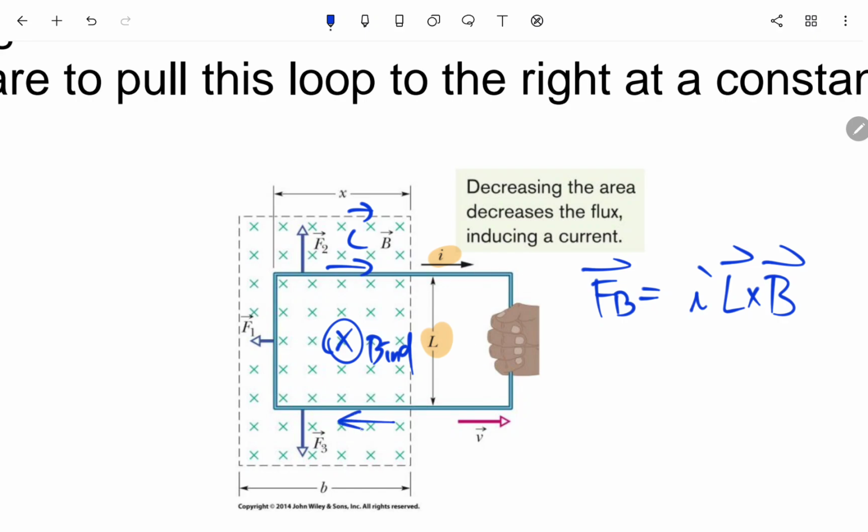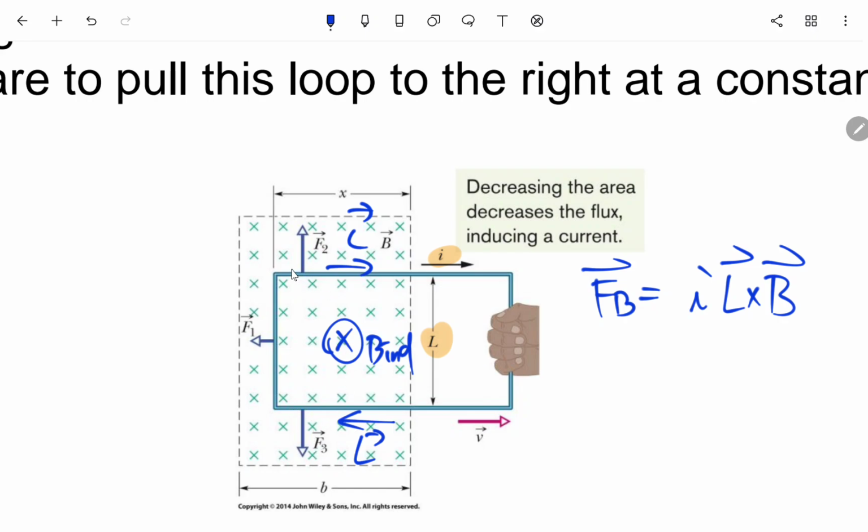Similarly, for this one, L is pointing to the left side, because the current loop goes to the right side, going down, going to the left. So L for this part is pointing to the left side. You use your forefinger pointing to the left side, and then you cross it into the page, and your thumb is pointing downward. So F3 acting on this part will be pointing downward.